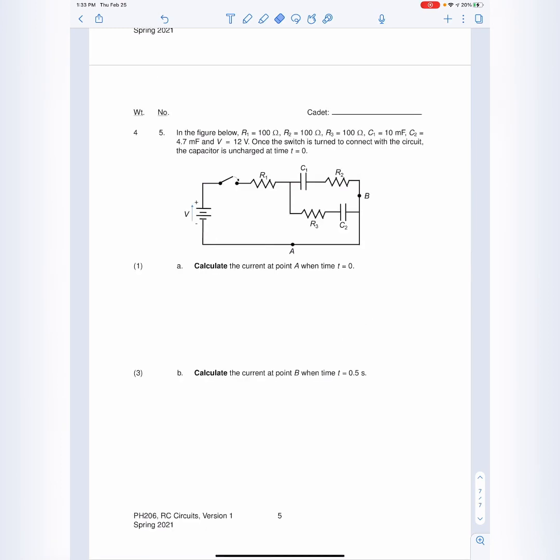Now, for the sake of training, I am going to analyze what would happen if I only had resistors instead of capacitors. Actually, I'm going to erase this.